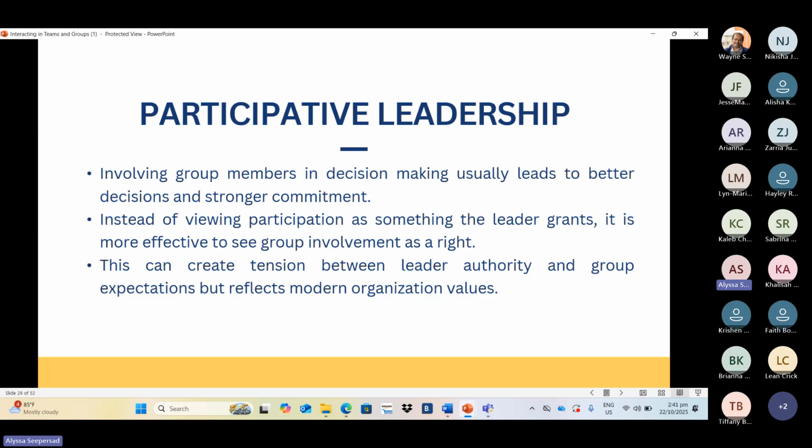While this can create tension between the leader's authority and the group's desire to be involved, it reflects changing expectations in workplaces and communities. So, more and more people basically want to have a say in the decisions that will obviously affect them.